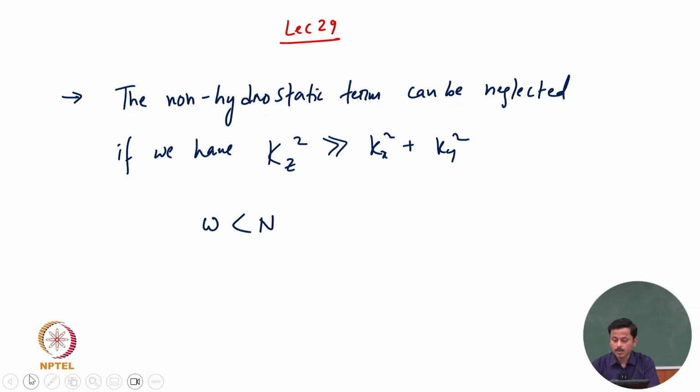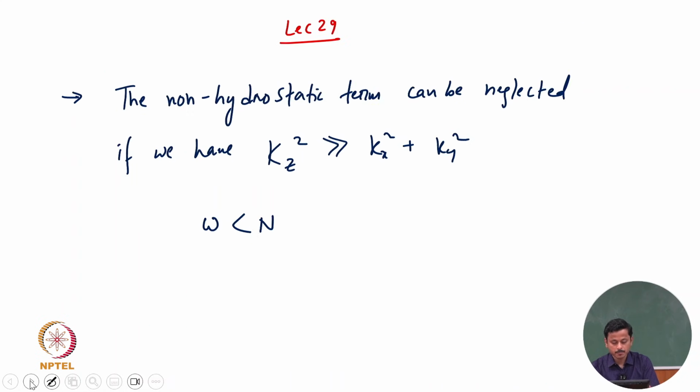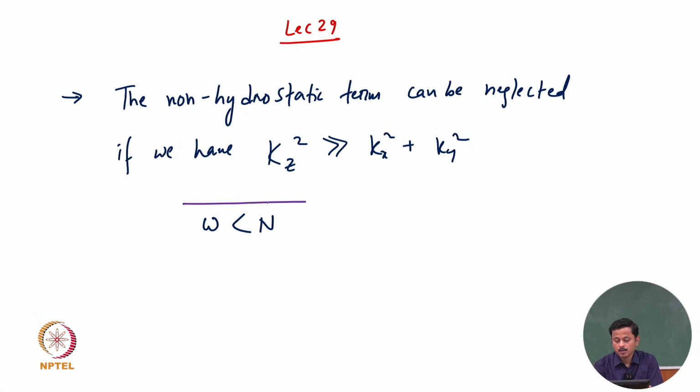In this case, the horizontal wavelengths are much larger than the vertical wavelength. So we get a bound on omega, that is the frequency, in terms of the stratification frequency and the wave numbers. This is a mathematical inequality that we have derived.